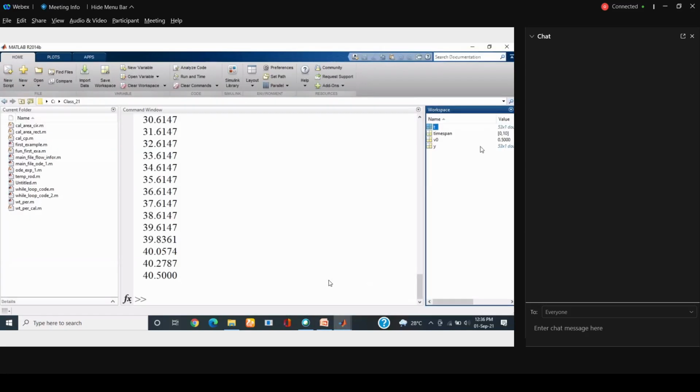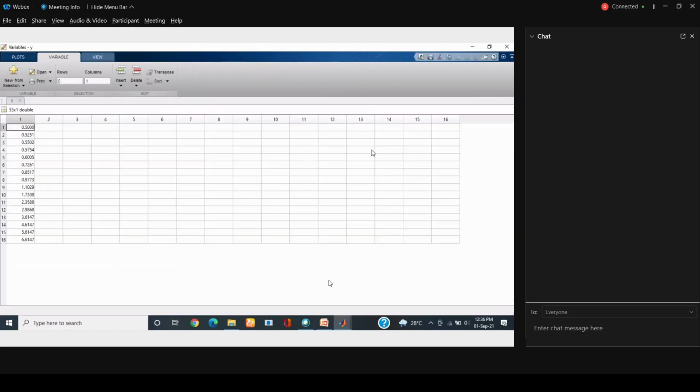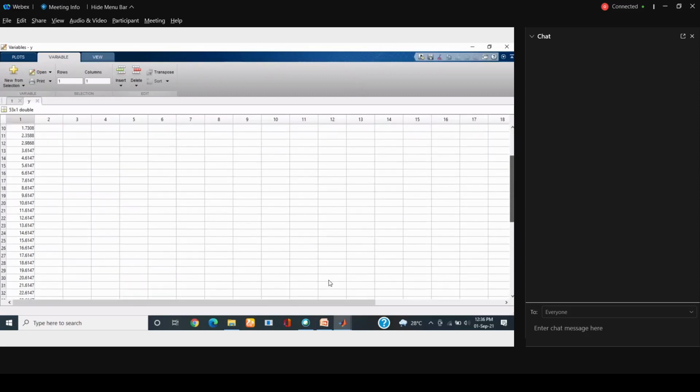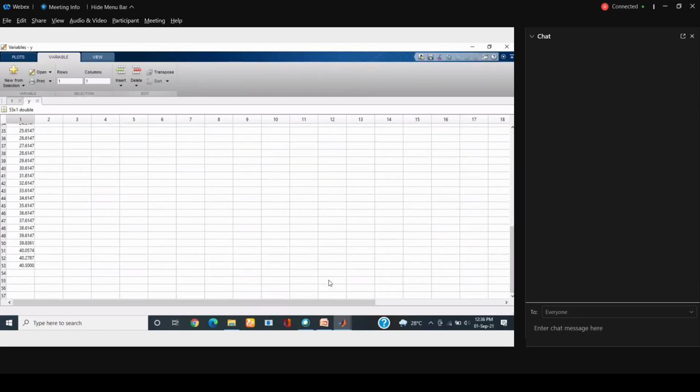And this is my output, dv by dt's output. 0.5, the initial value is 0.5 and then it's increasing. Clear?